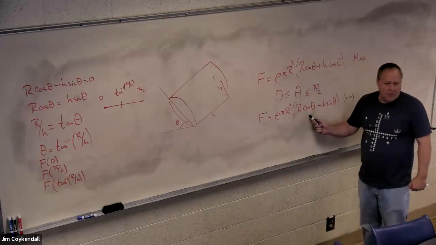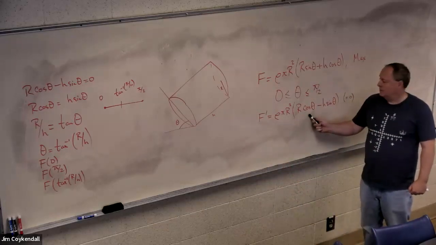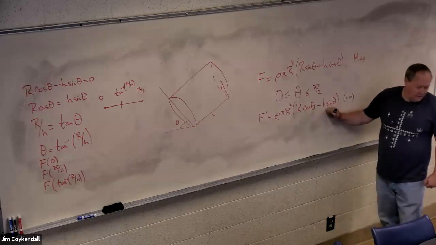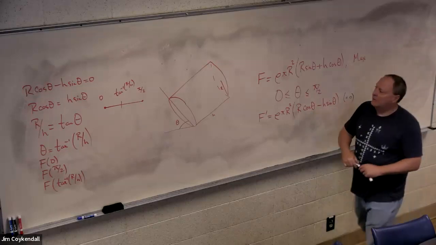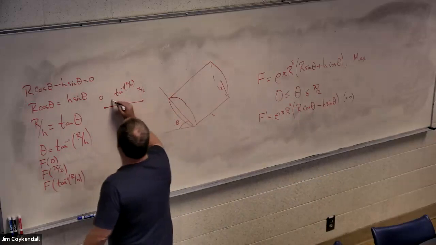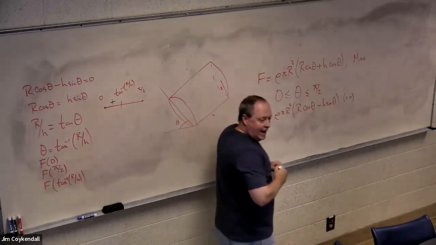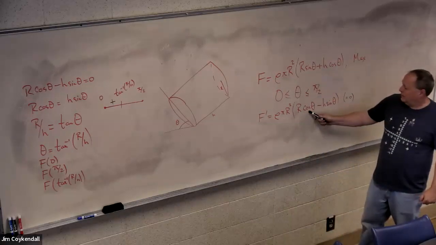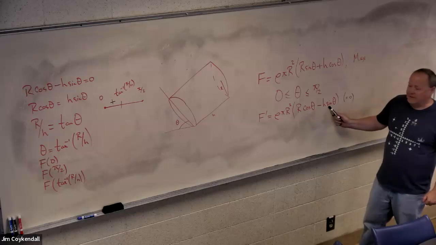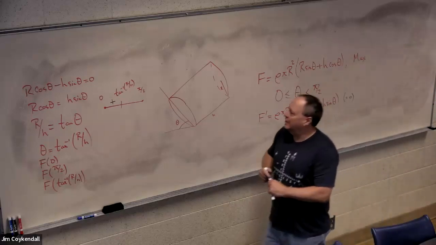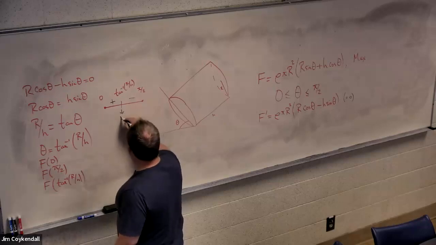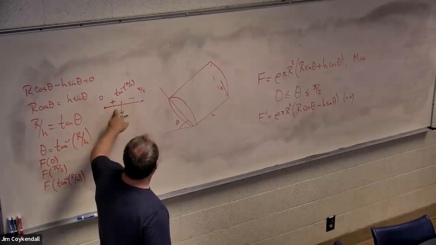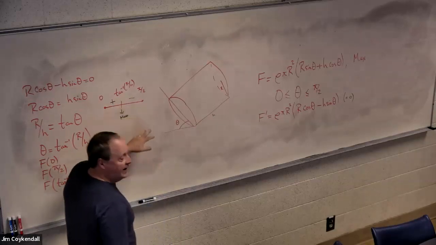Because what happens when theta is very close to 0? This is almost 0, and this is positive, so I'm going to have positive. And what happens when theta is very close to pi over 2? Well, that's almost 0, and that's negative. Negative times positive is negative. So this should give a maximum. There's no doubt, and since that's the only one on the interval, you have to have the absolute maximum.